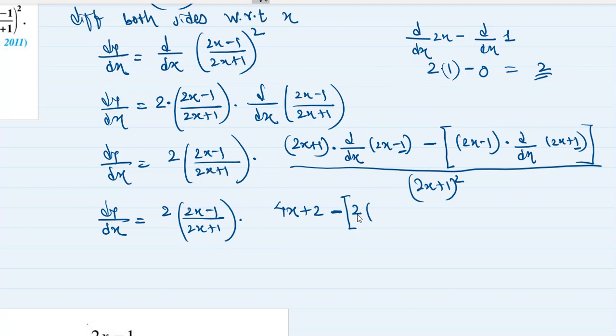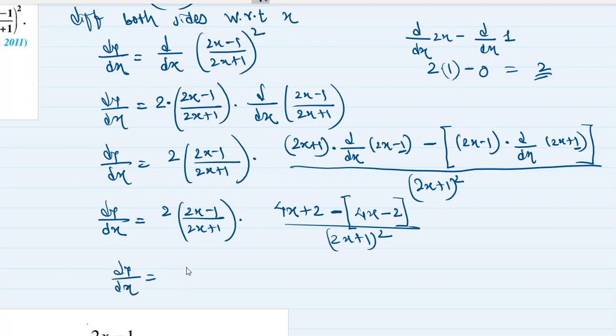Otherwise, I could have made a bracket also and directly multiplied it. Okay, let me just do that. Minus bracket 2 multiplied by 2x minus 1 is 4x minus 2, bracket close, the whole upon 2x plus 1, the whole square.